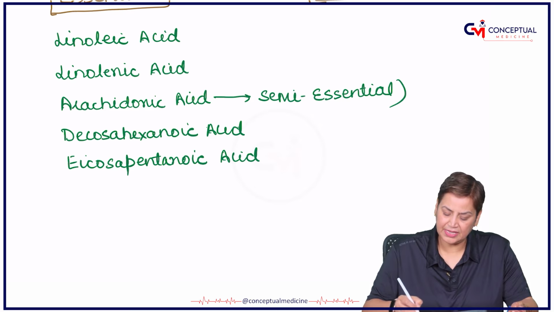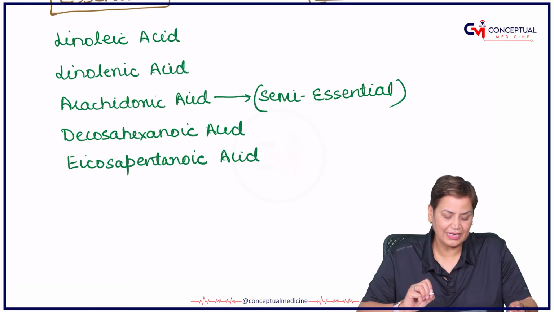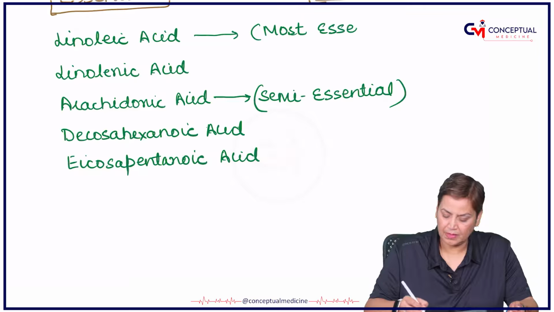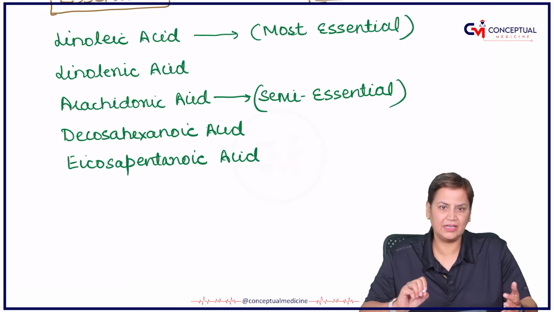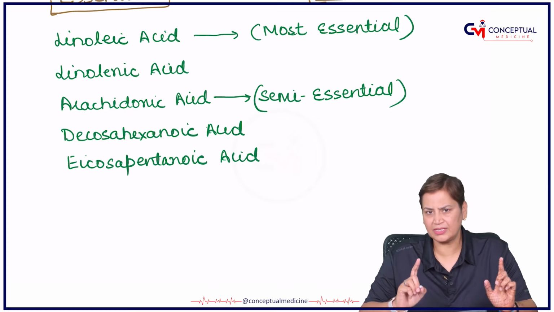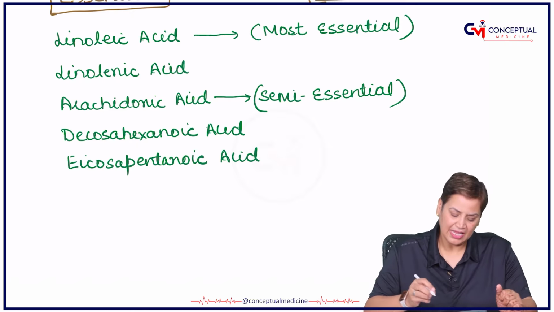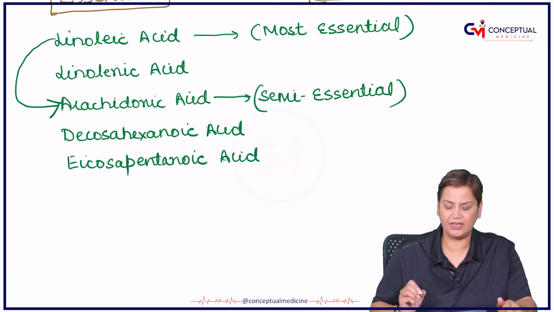Why is it semi-essential? Because it is synthesized from linoleic acid, which is the most essential one. So if we talk about all the 5 major essential fatty acids, linoleic acid is considered to be the most essential one. Arachidonic acid is considered semi-essential, and linoleic acid is required for the synthesis of arachidonic acid.